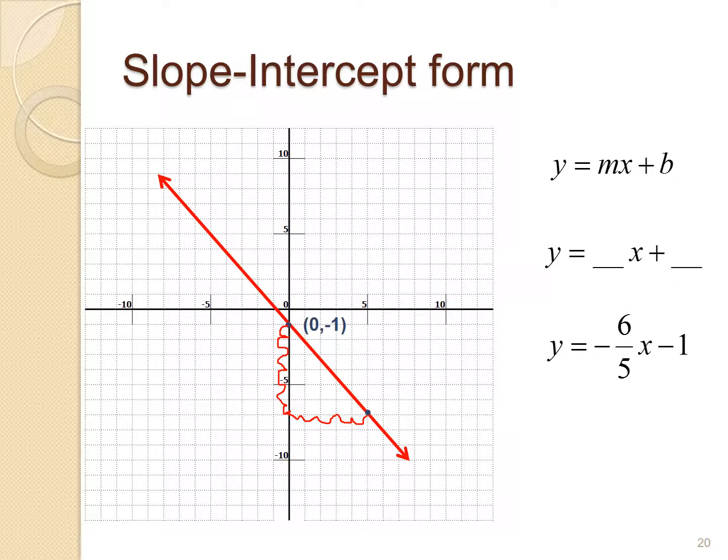So hence we get the slope of -6 over 5. So we quickly, just by looking at this, knowing the slope and the y-intercept, we can use this slope-intercept form to quickly come up with the equation of the line. And it's really simple, really easy to do.